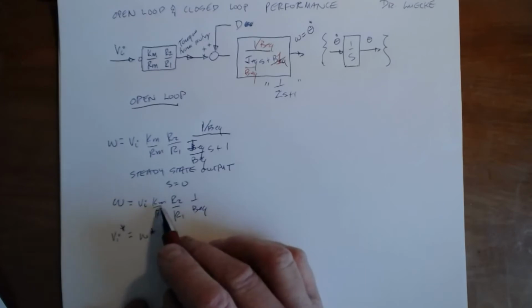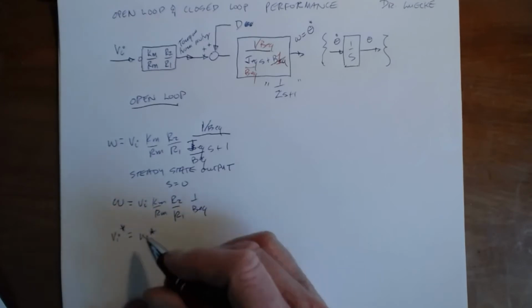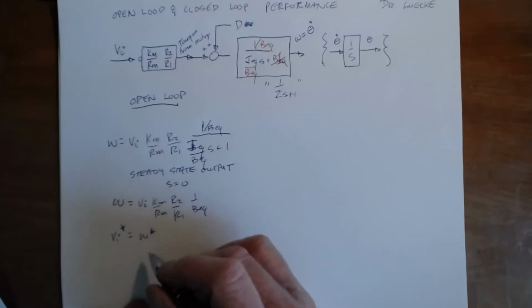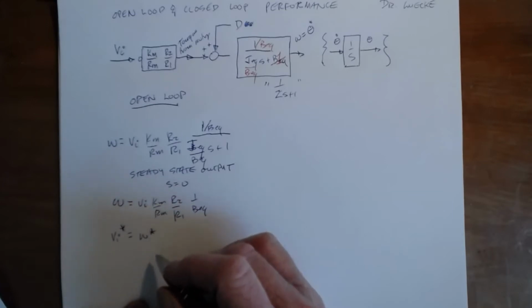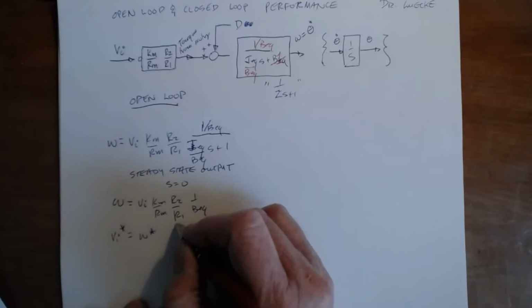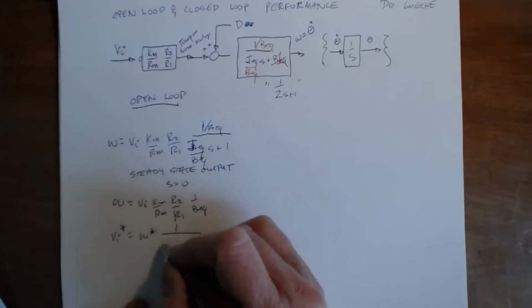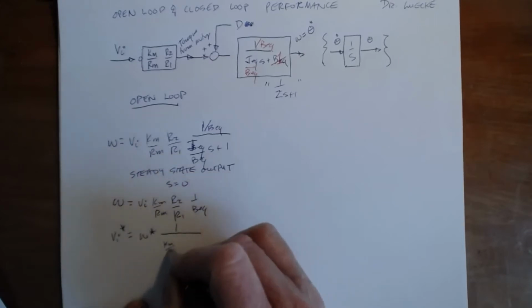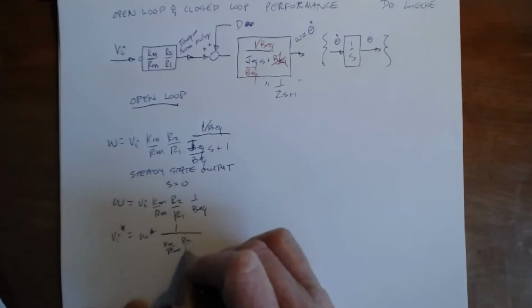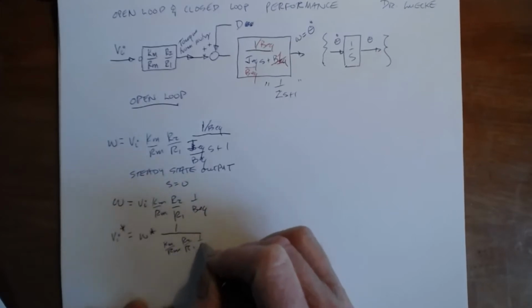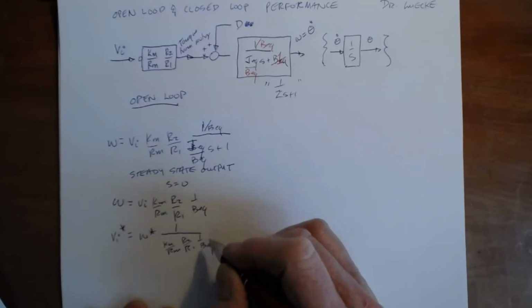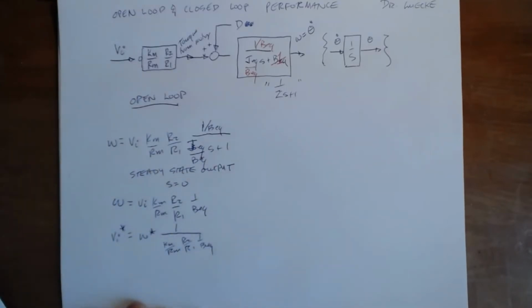The motor torque constant comes from the specifications, but we can measure it too. We'll talk about that. So what I can do is I'll just put this over Km over Rm, R2 over R1, 1 over B equivalent, times omega star. So if I want to put that out, it's perfect.